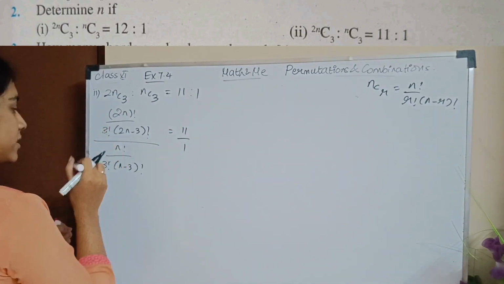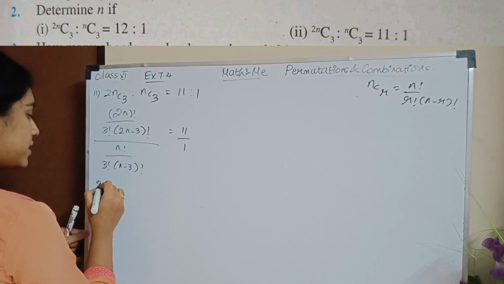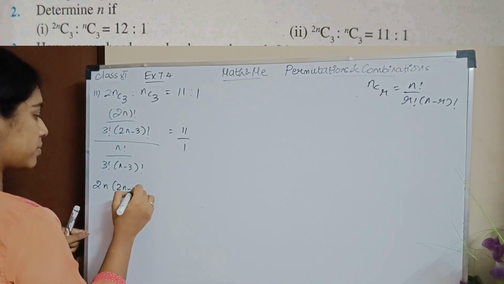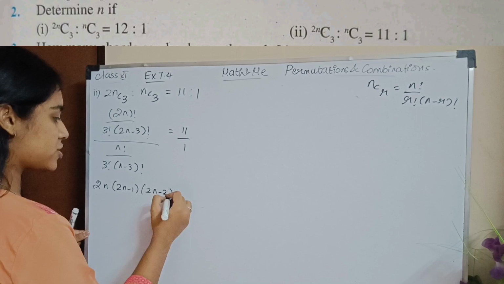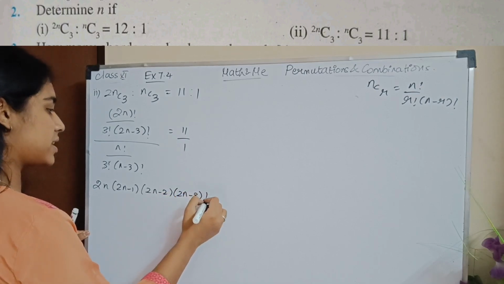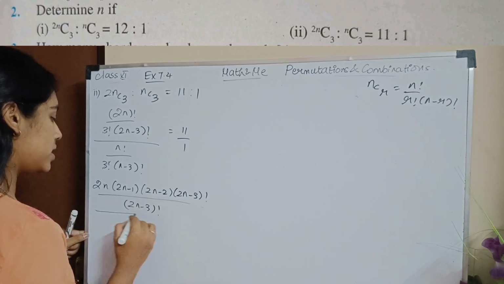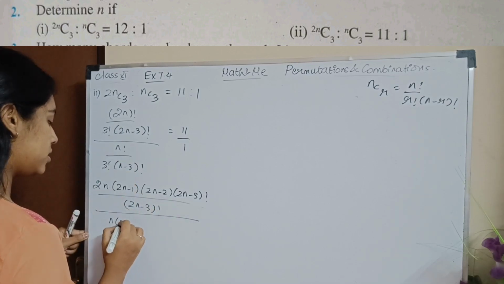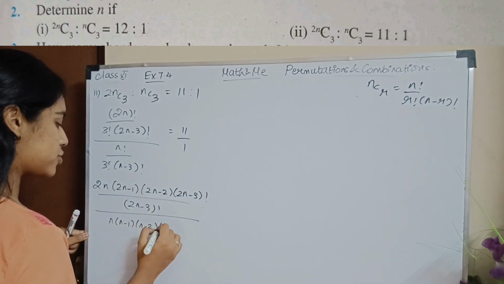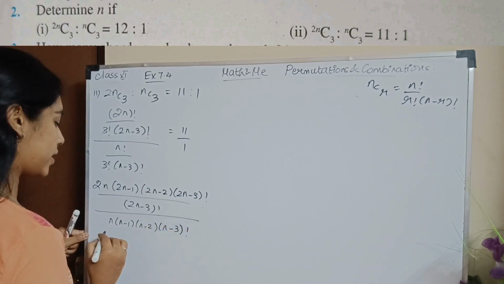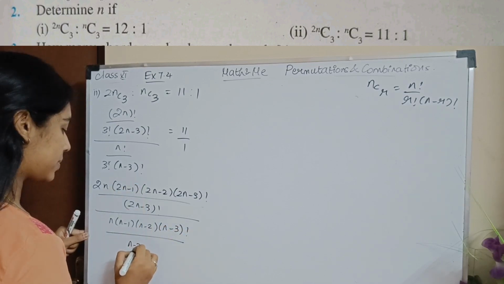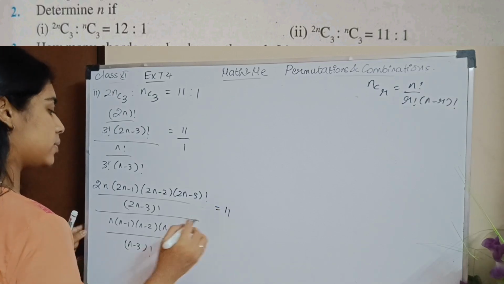So the 3 factorials will get cancelled. How can we write 2n factorial? 2n times 2n minus 1, 2n minus 2, 2n minus 3 the whole factorial divided by 2n minus 3 the whole factorial. What will the denominator be? n, n minus 1, n minus 2, n minus 3 the whole factorial divided by n minus 3 the whole factorial equals 11.